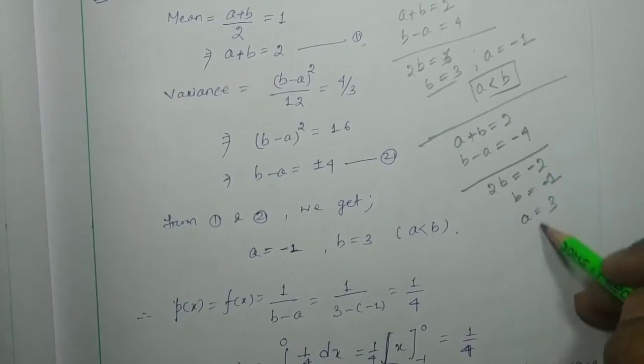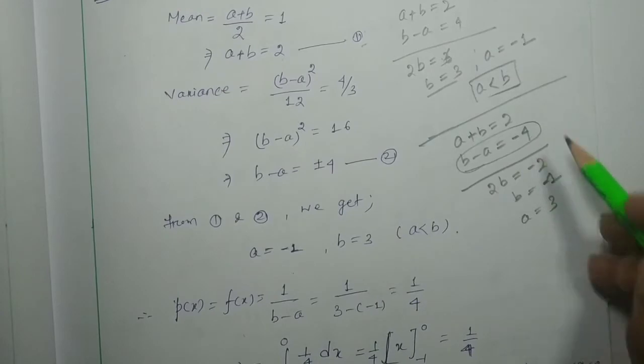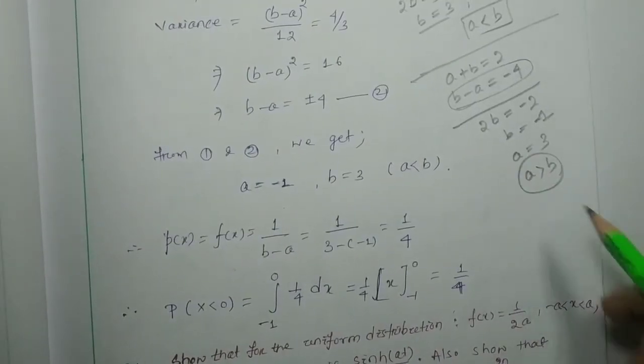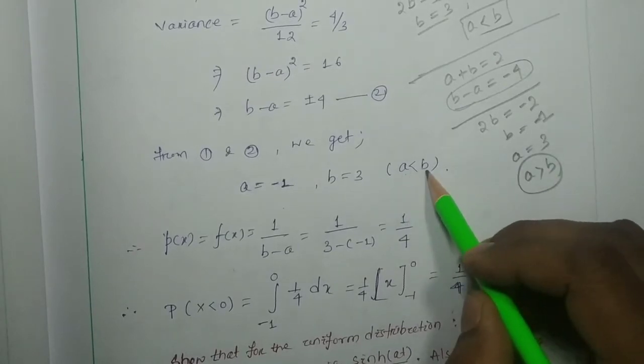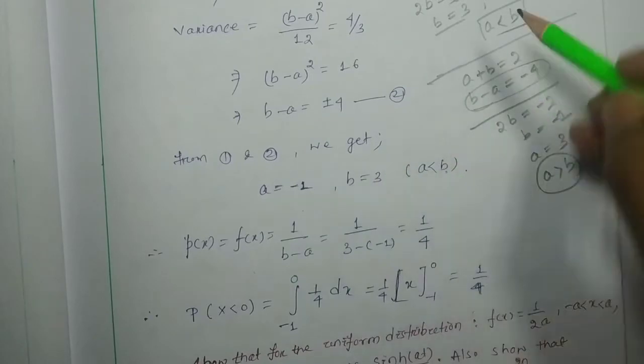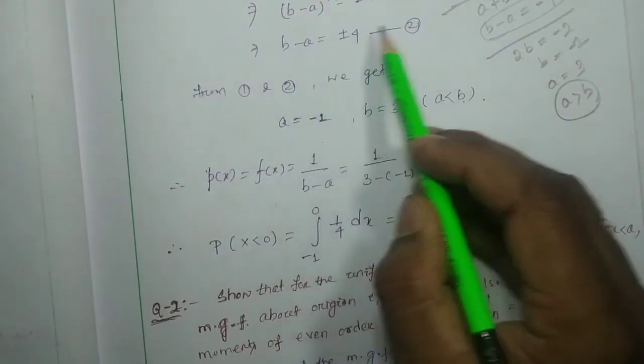But in this case, where b minus a equal to -4, we find a is greater than b, but actually we have to consider a less than b. So these two values we have to consider: a equal to -1 and b equal to 3. That means b minus a equal to +4 we have to consider.